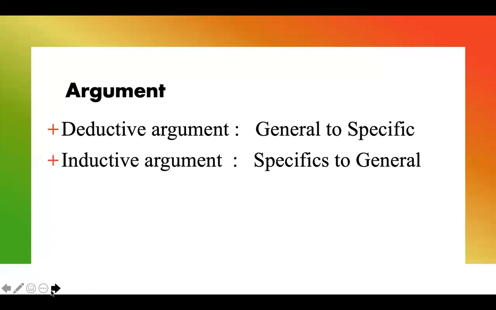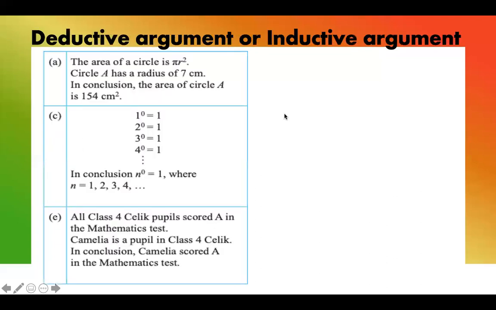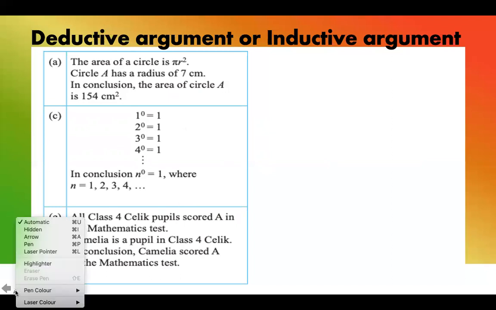So how do we identify general and specific statements? We go to the example. Now we are going to identify whether the given examples here are deductive arguments or inductive arguments. You see A here: the area of a circle is pi r square. This will be our premise.